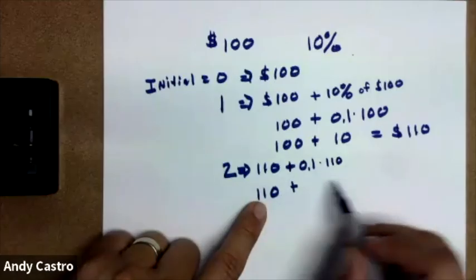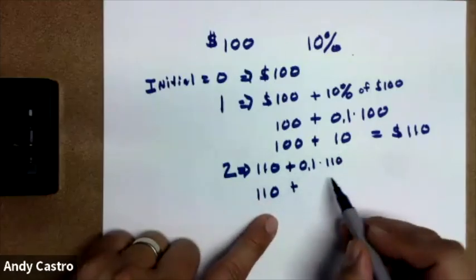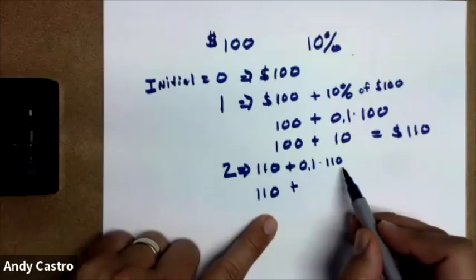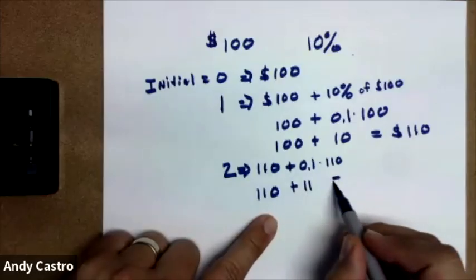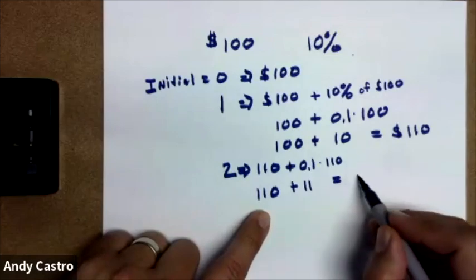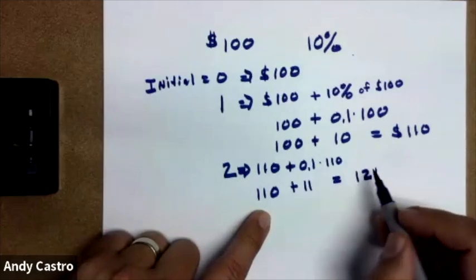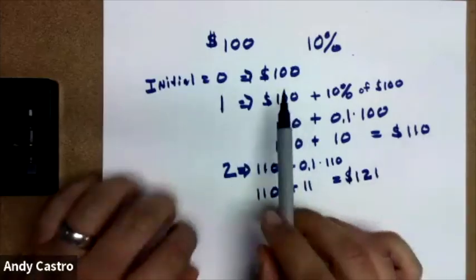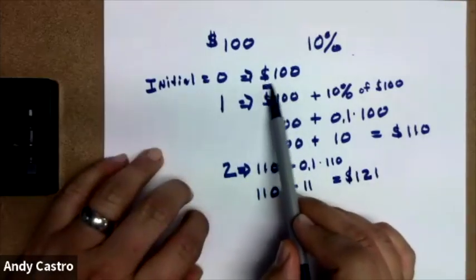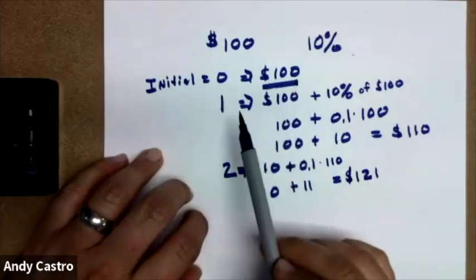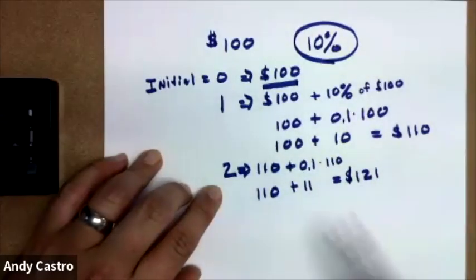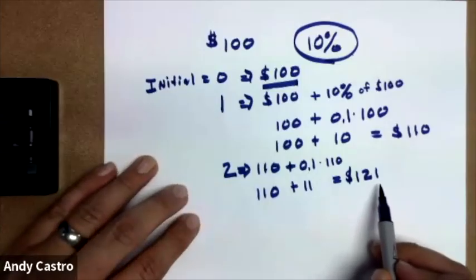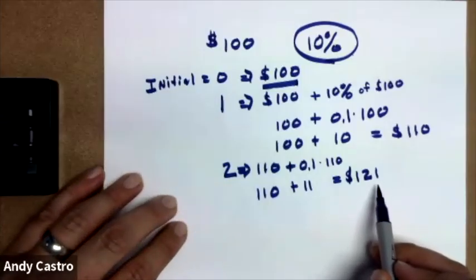And now at the end of year two, we're going to add another 10%. So 0.1 of 110 is 11. So we add those two numbers together, we get $121. So we can see that from an initial investment of $100, just leaving it in the bank at a 10% year return gives us $121 at the end of year 2.